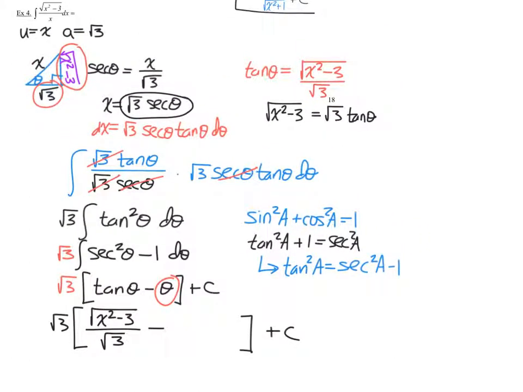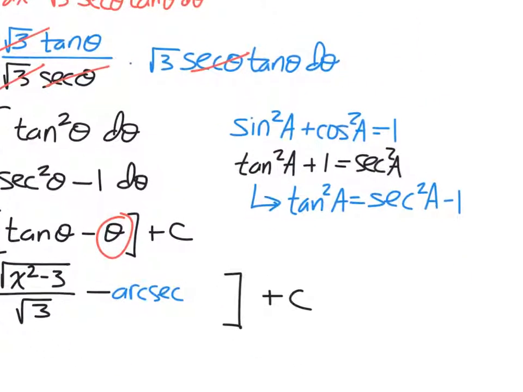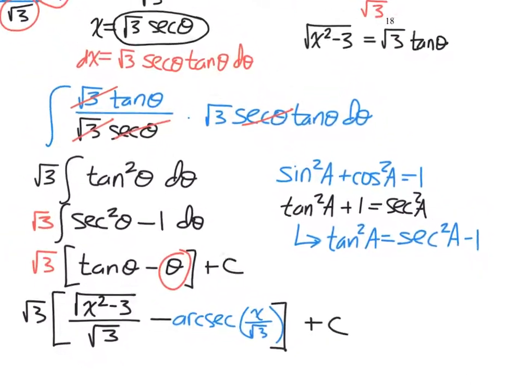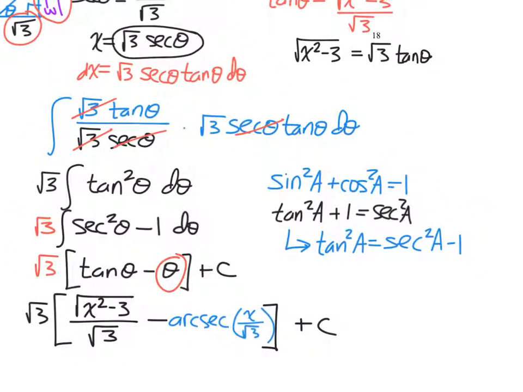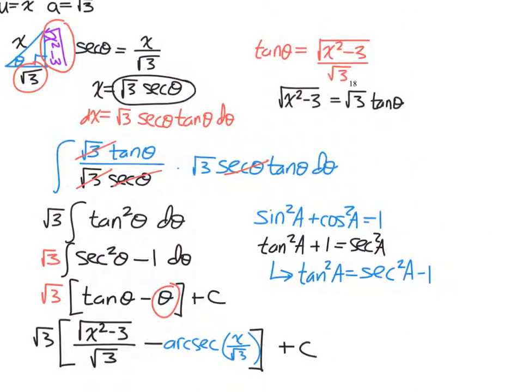Arc something. Arc secant of x over root 3. I like it. Yeah, any one of them. So you have 6 trig ratios to play with here based on this triangle.